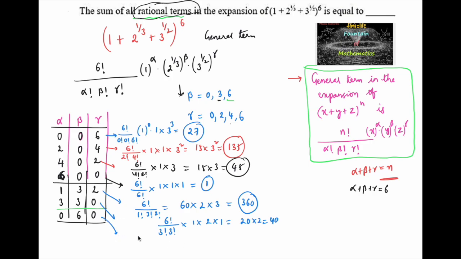And the last one, 6!/6! into 1 into (2^(1/3))^6, that is 2 squared, which is 4, into again 1. So 6!/6! is 1, into 4, which is 4.